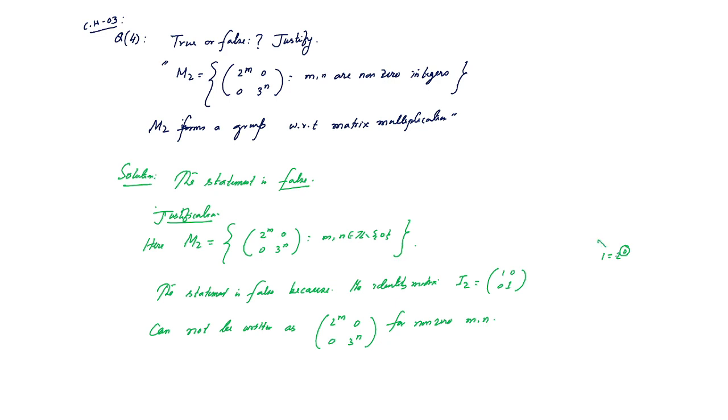Obviously, because the identity element does not exist, it is not a group. Therefore M2 is not a group with respect to matrix multiplication.